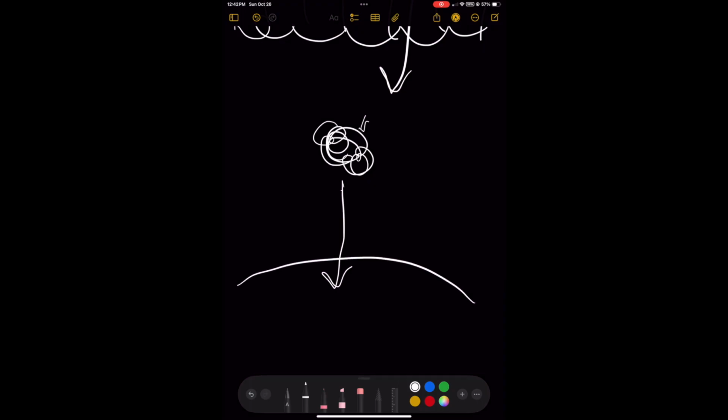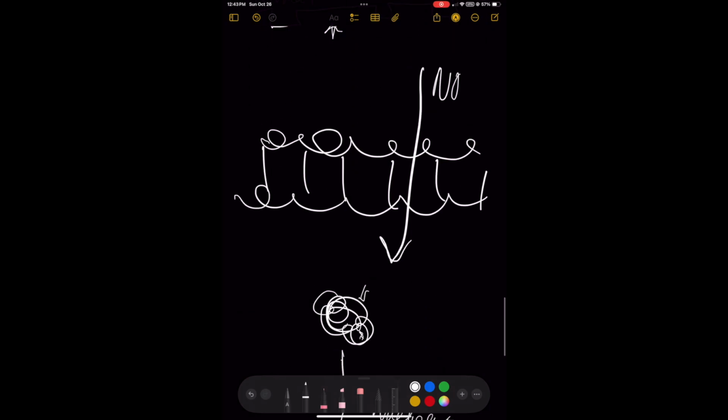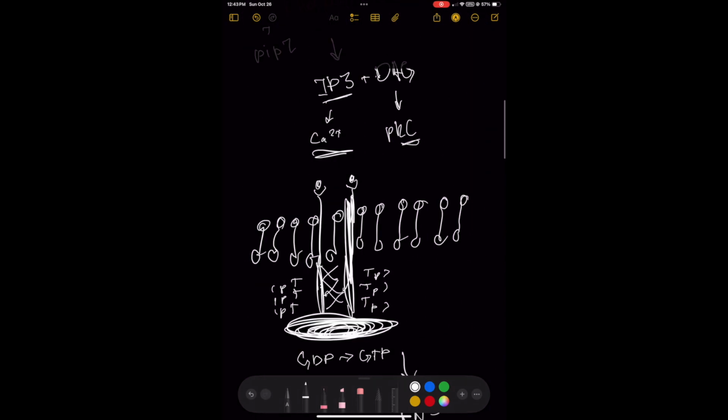And they create a hormone receptor complex right here, and they act as a transcription factor within your nucleus. And so that's how all these pathways work.